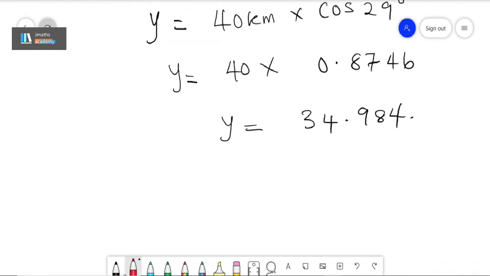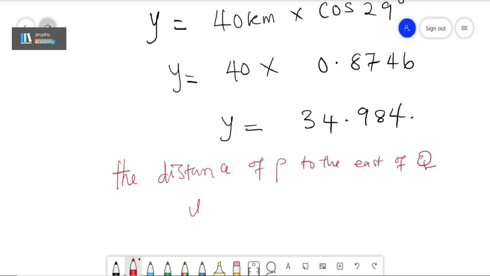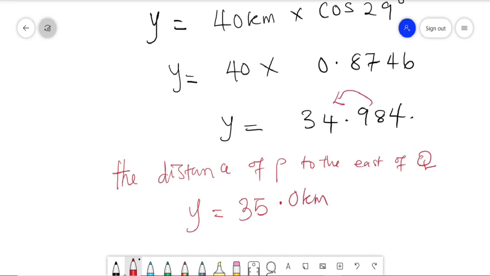To convert this to one decimal place, the distance of P to the east of Q, y, is equal to 35.0 kilometers. We convert this to one decimal place since 9 is greater than 4, so we carry 1 to this side and we get 35.0 kilometers.